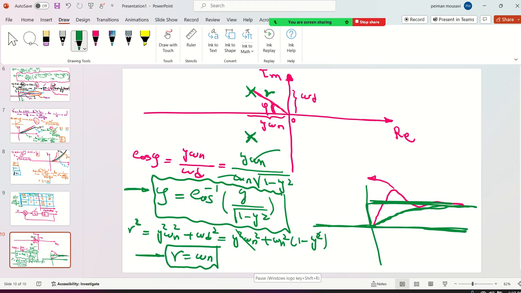Here we go. This is natural frequency of the system. You got it? Now, if you keep natural frequency of the system constant and change the damping ratio, you're gonna have eventually a circle here. Okay?